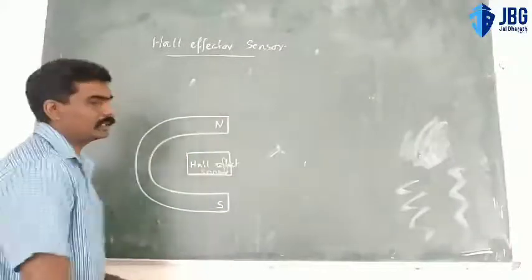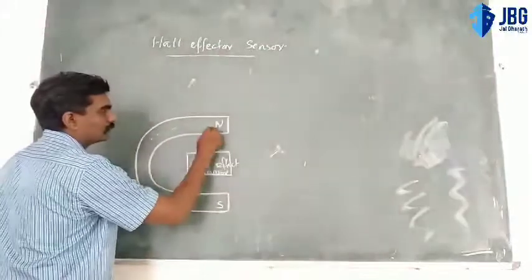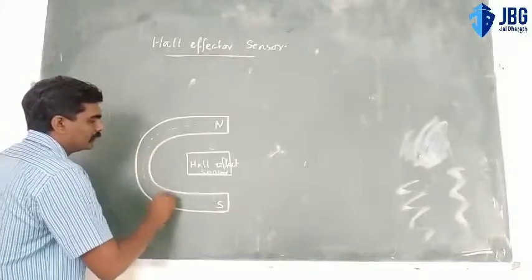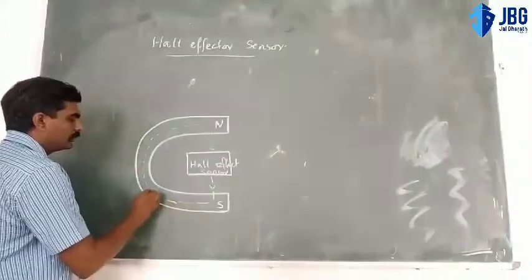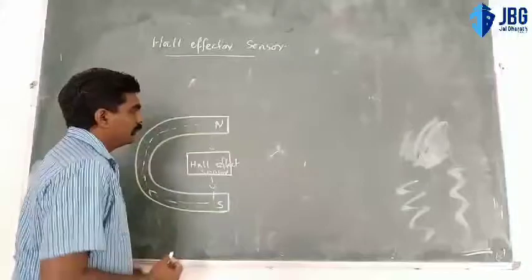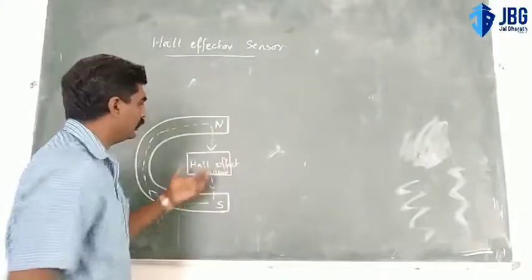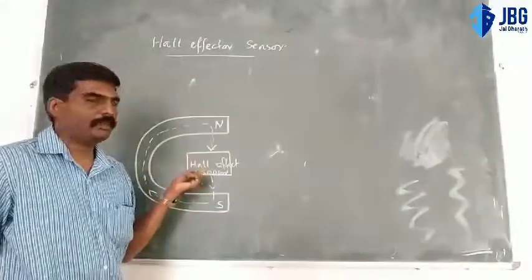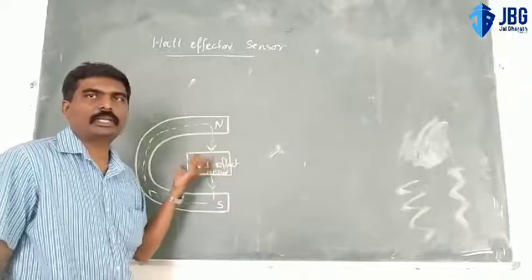Being a magnet, there are some magnetic flux lines traveling like this. By applying this magnetic field, we get a potential here, that is the Hall voltage.